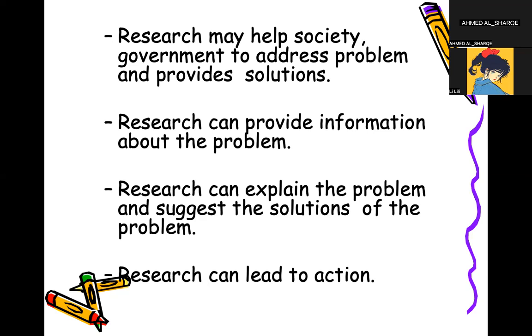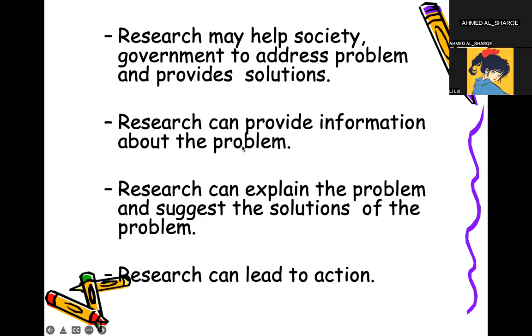Research can explain the problem and suggest the solution, because once we have the true picture of the problem, then we can suggest the solution. So you can see here, research is divided into two types: research to know the problem, what kind of problem we have, and research to propose a solution.